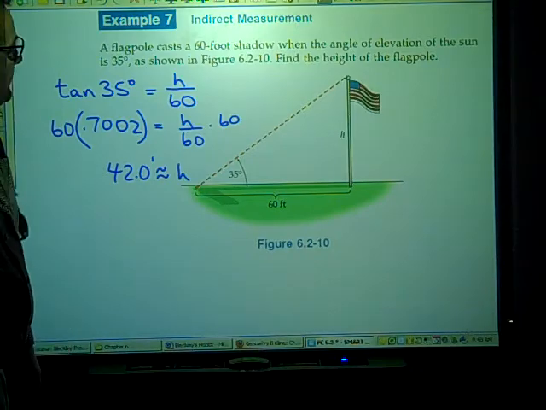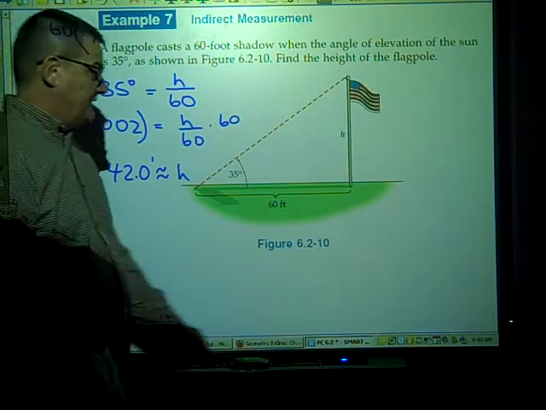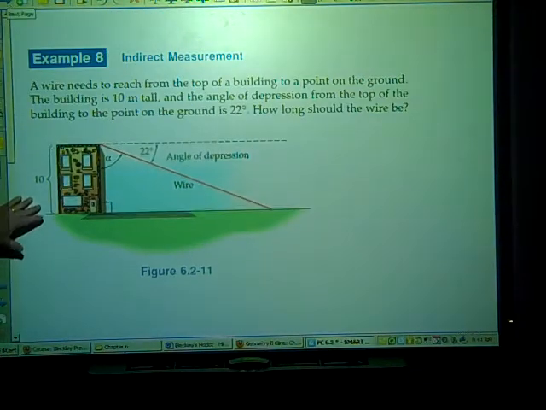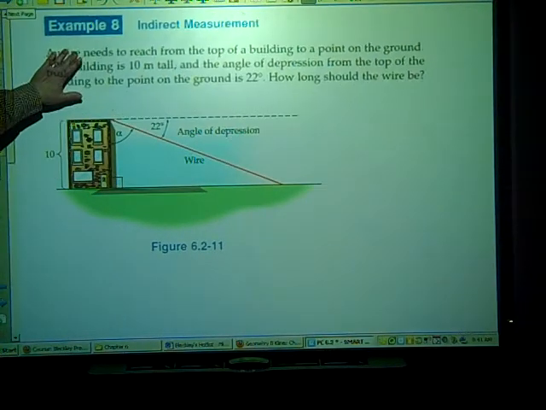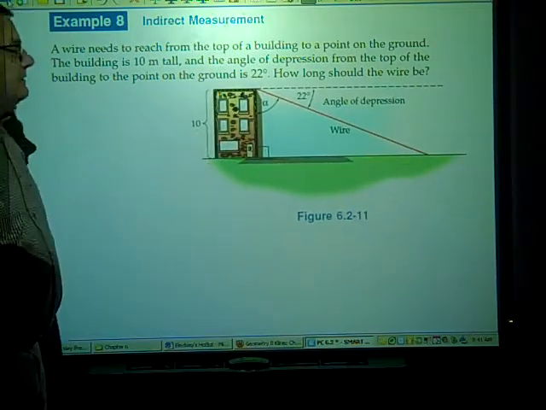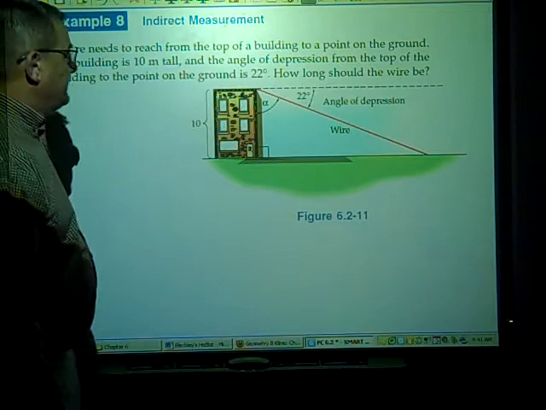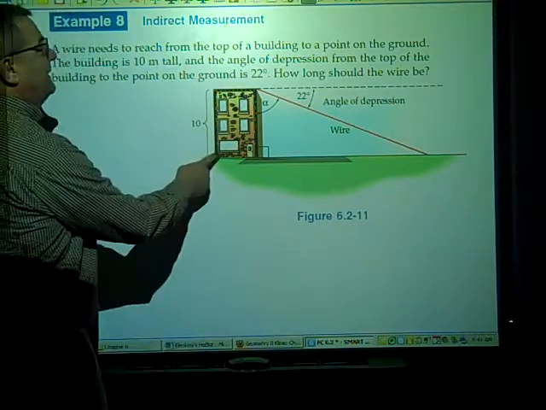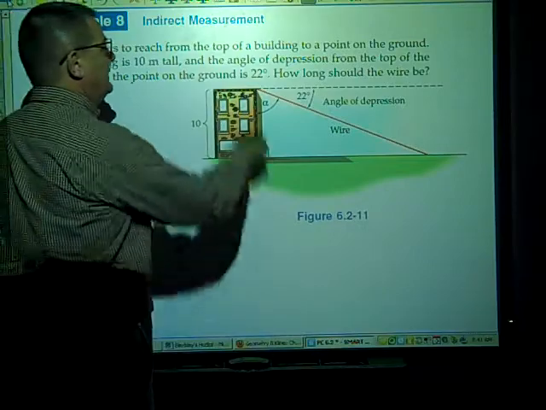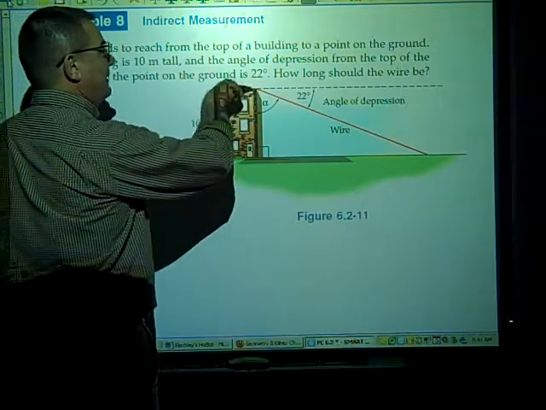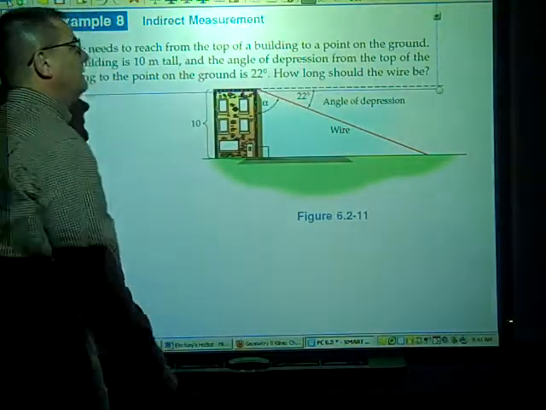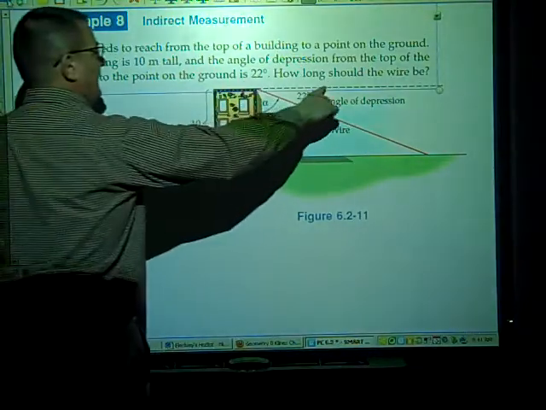Okay, so now let's take a look at example 8, which has, I believe, an angle of depression. So on this one, we have a building that is 10 meters high. And if we were standing at the top of this, our eye is going out horizontal, and then we look down, we have an angle of depression.